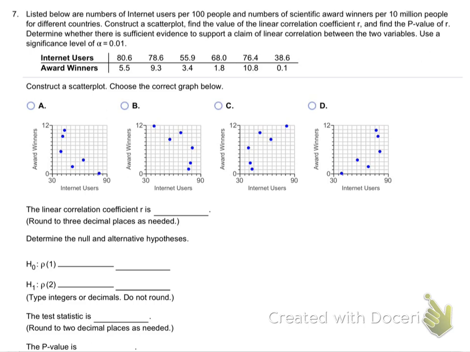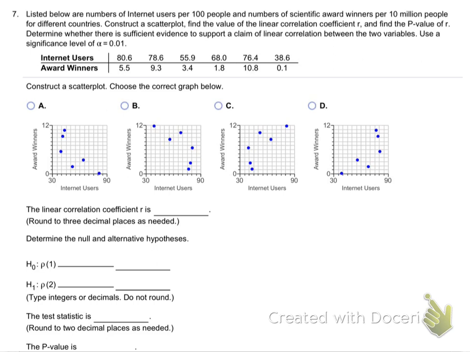So they took a bunch of countries, United States, China, England, whatever, and they said, hey, do you think there's a relationship between having more people using the internet in a country and more people earning a big international science award in that country?